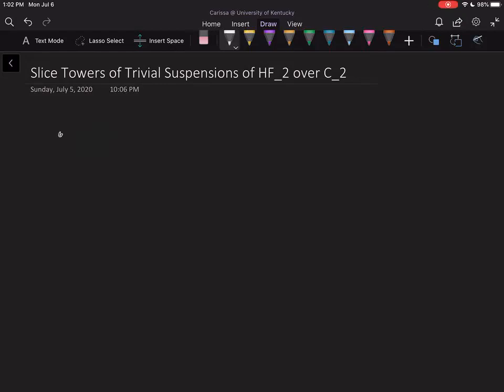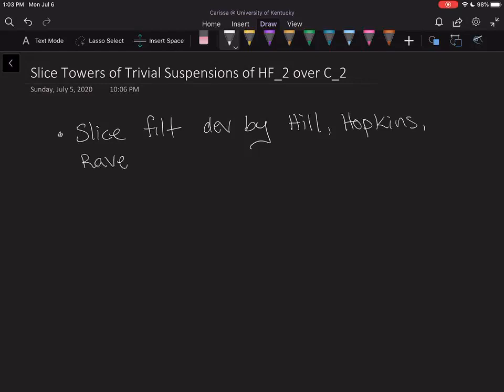Okay, so the slice filtration was developed in the early 2000s by Hill, Hopkins, and Ravenel, and their solution to the Kervaire invariant one problem.